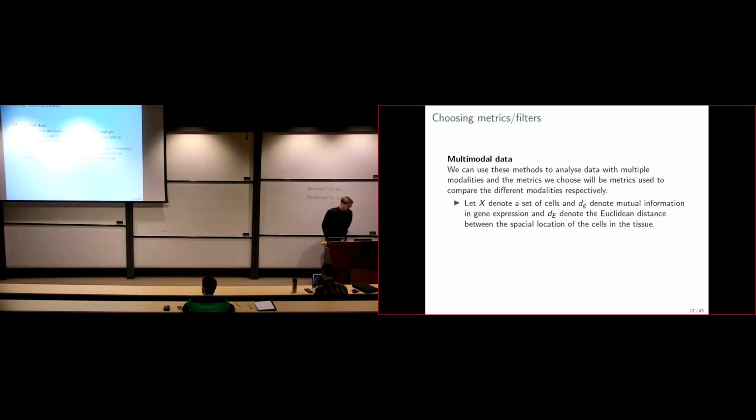An example would be that we let our data set be a set of cells, and we consider one distance to be mutual information of their gene expression, and we let the other metric be the Euclidean distance between their spatial location in a tissue. This representation will allow us to combine these two sets of data into a joint representation and try to extract information from this.